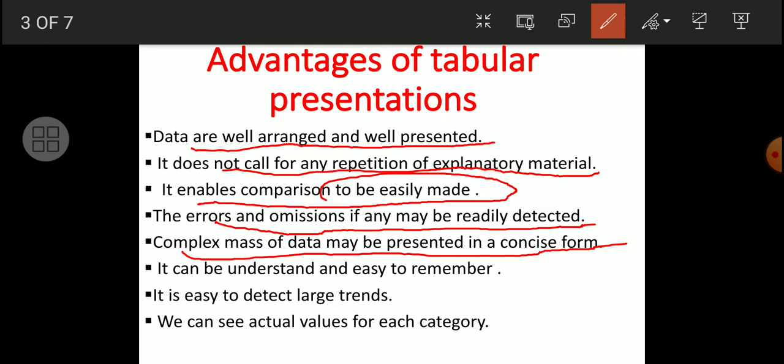But when we see those 130 observations written one by one, we will not be able to come to any type of conclusion.